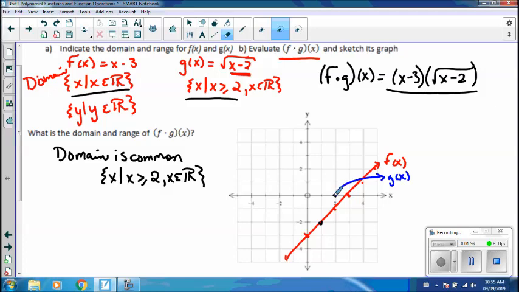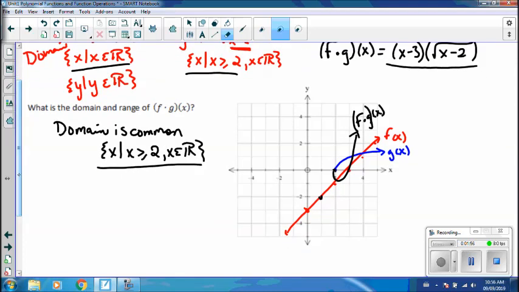And so what you see on your calculator looks something kind of like this. And so that's f times g of x. And there's the domain. Remember, this isn't a quotient function, so I don't have to worry about the non-permissible values.